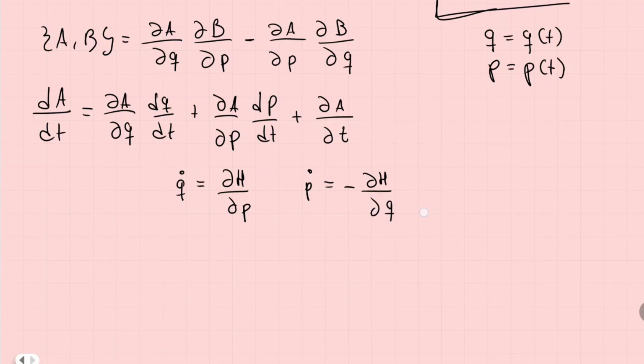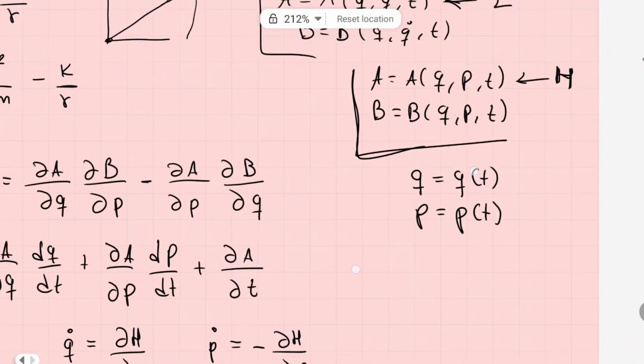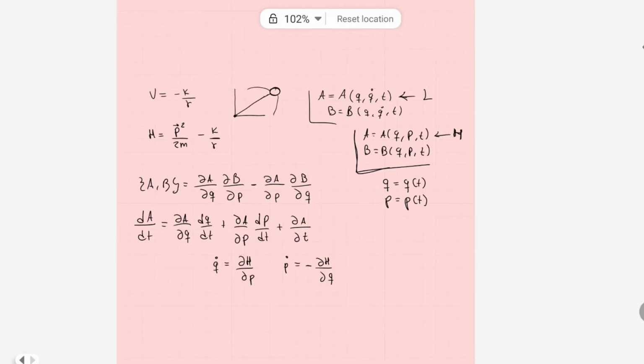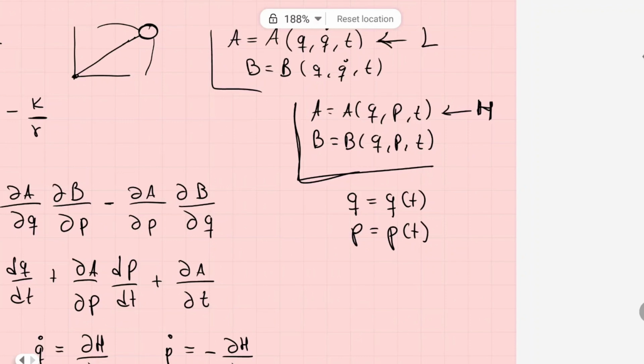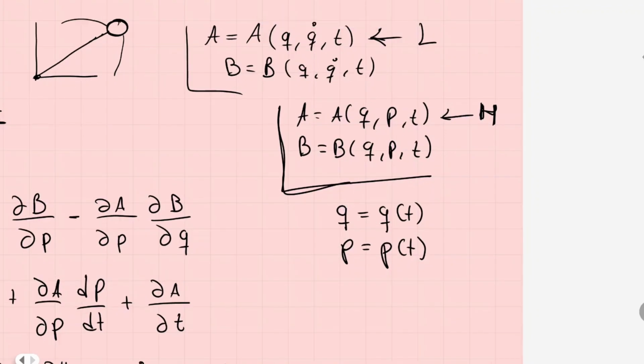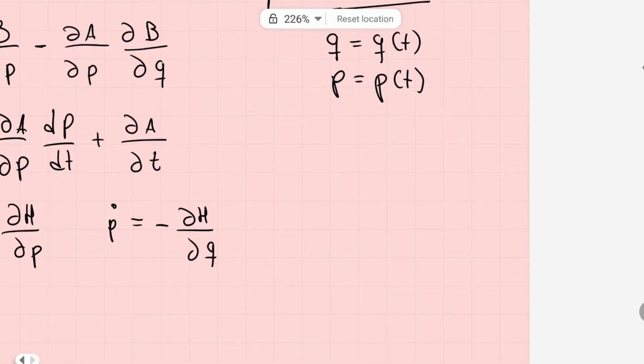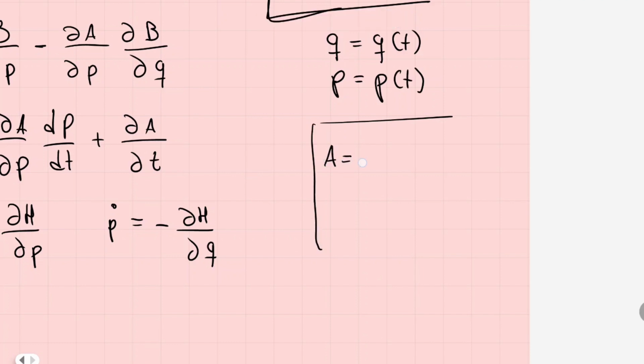In this case, we are assuming that the functions a are just of q, p, and t, but in a general form, they can be defined as a of q1, q2, all the way up to qn, and then p1, p2, all the way up to pn, and then t.